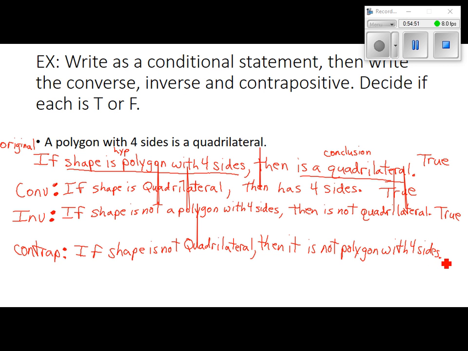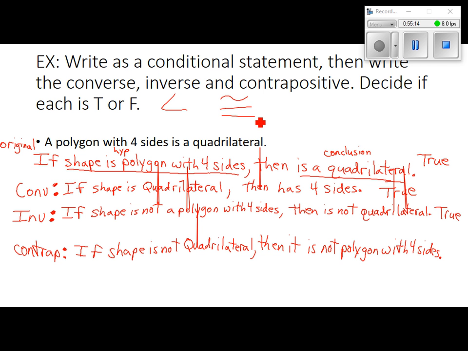Now, as we do more of the geometry stuff, this one didn't really work out real well. But when we're writing out stuff like congruent and angle, do we really want to write out all those words? No. Use your symbols to make it shorter so you don't have to write so much. Alright?